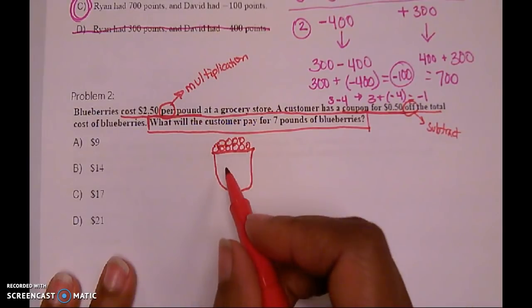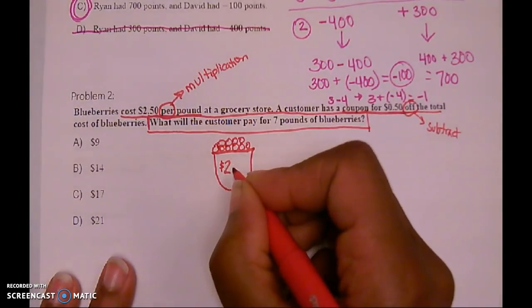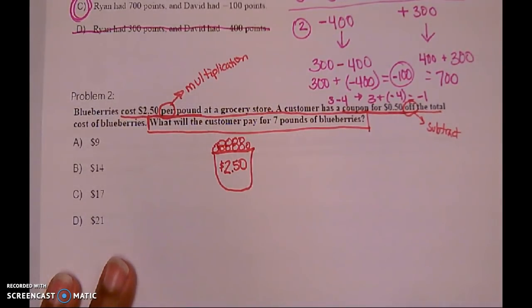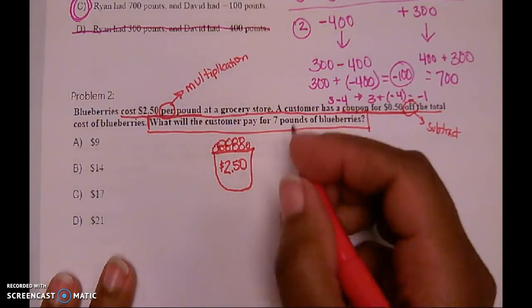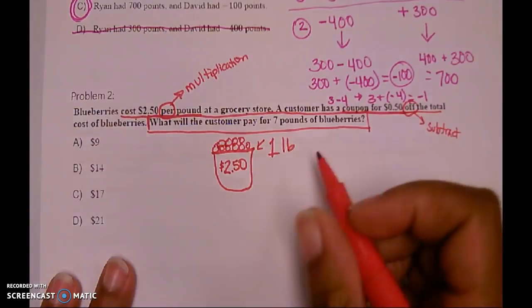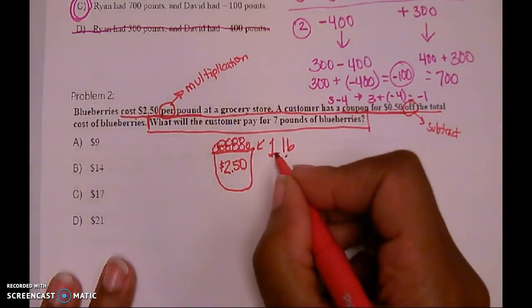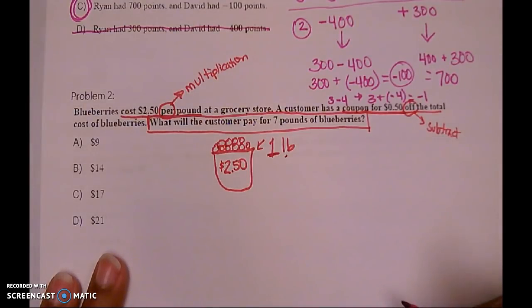And I know that 1 bucket of blueberries is $2.50. Okay? Per pound. So let's say that this is 1 pound, which we recognize with the symbol LB. Okay? 1 pound of blueberries is $2.50.